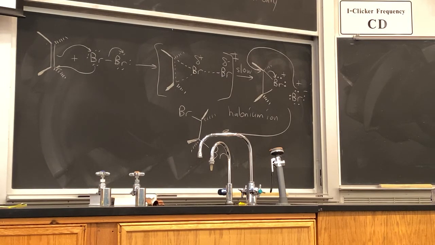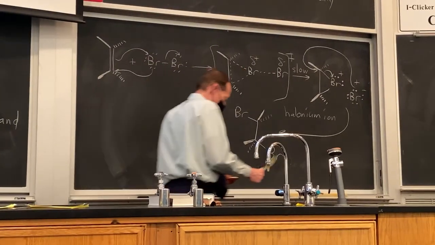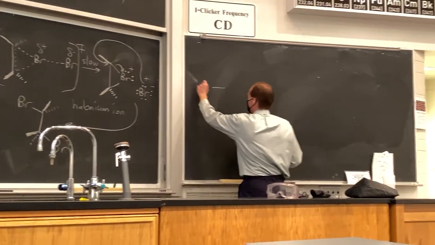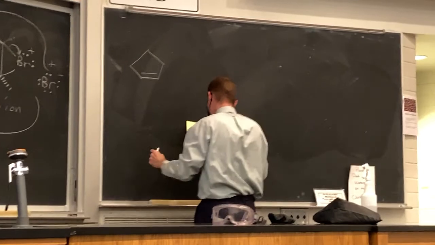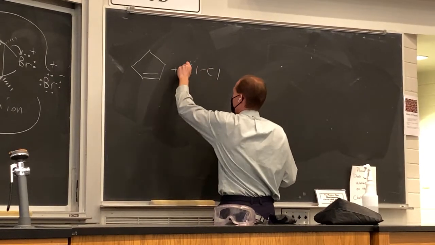Okay, and in that regard, let's go ahead and draw on the board here. Let's see what would happen if we had cyclohexene. We react that with chlorine.